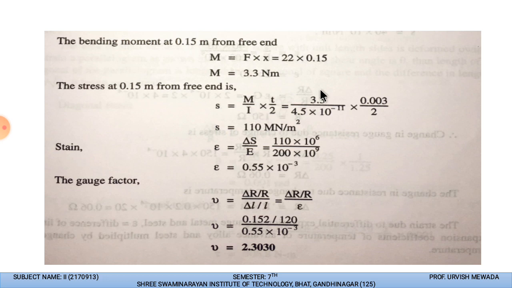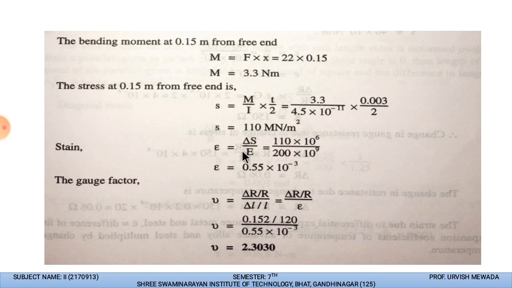We have the value of M, that is 3.3 Newton meter, and we have the value of moment of inertia, 4.5 into 10 raised to minus 11. We have the value of t, that is 0.003 divided by 2. So after placing all the values, we can determine the value of stress, that is 110 mega Newton per meter square.